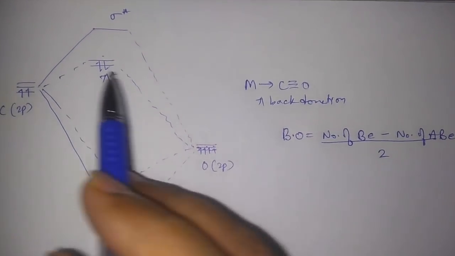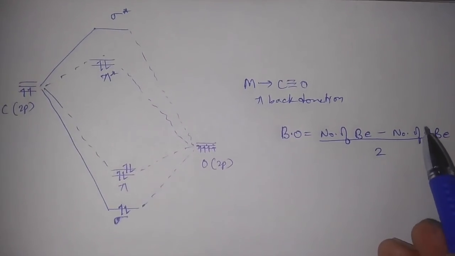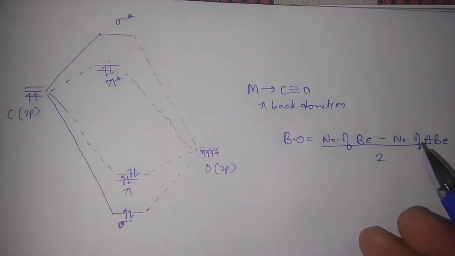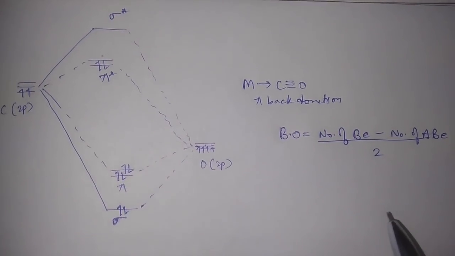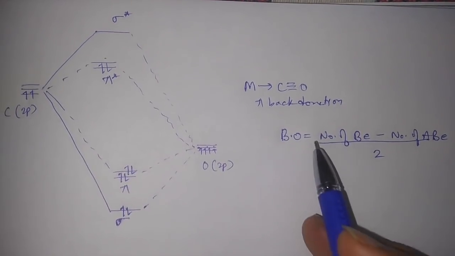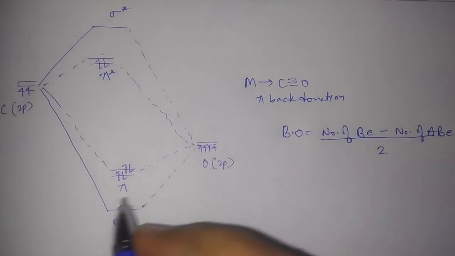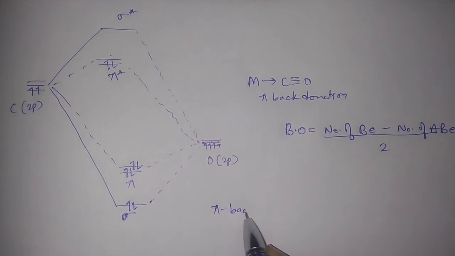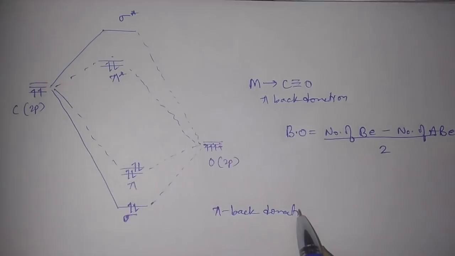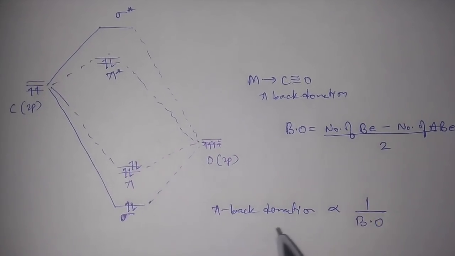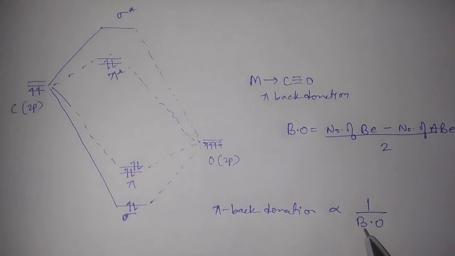If the pi back donation is not there, then the anti-bonding electrons will be 0, so you will just have the number of bonding electrons. If the pi back donation increases, the number of anti-bonding electrons will increase, and that will decrease the bond order. So just remember this trend, that pi back donation is inversely proportional to bond order. That means if pi back donation is more, bond order will be less.